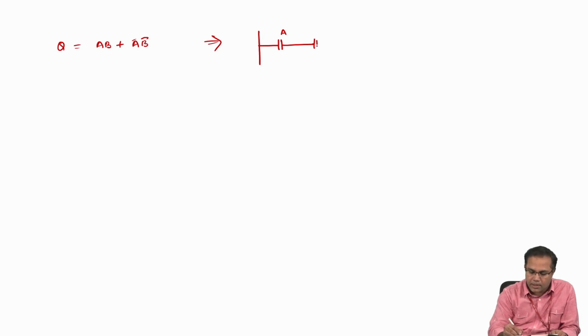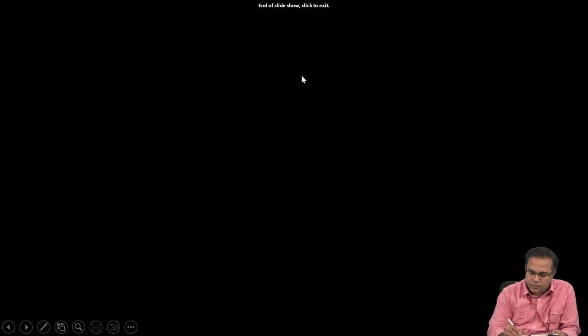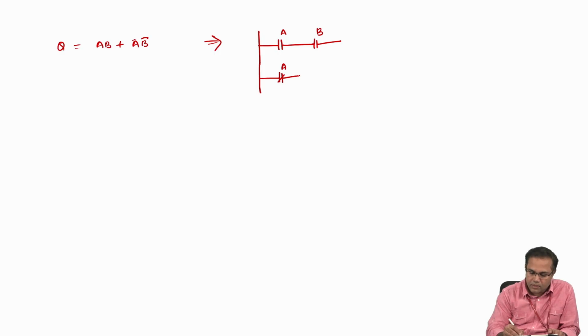In series, again it is normally open because there is no complement here. Next, in parallel, because of plus, another term, that is A complement, series with B. Now these two are part of the logic, followed by the output.